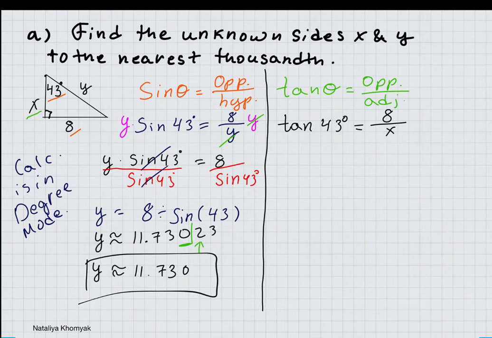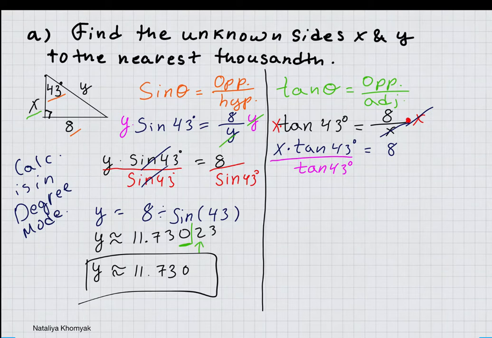X is in the denominator, so to get it out of there, I'm going to multiply by x. Whatever I do to one side, I'm going to do the same thing to the other side of the equation. X and x will cancel on the right, and we have x times tangent of 43 degrees equals 8. X is being multiplied by tangent. The opposite is to divide by tangent of 43 degrees.